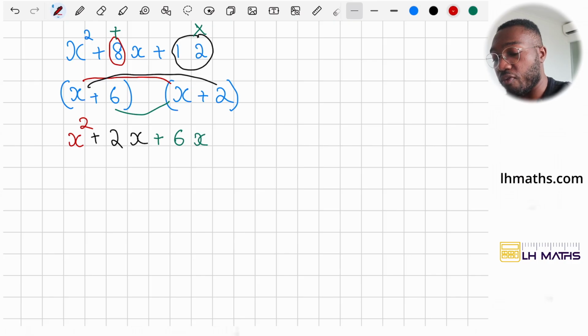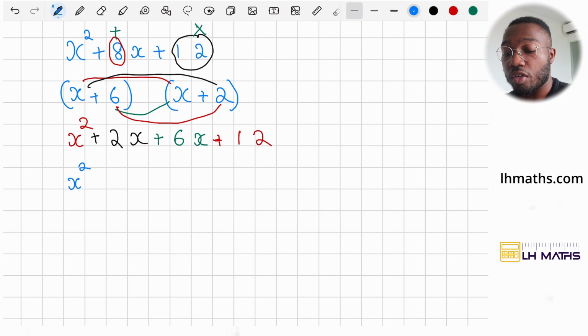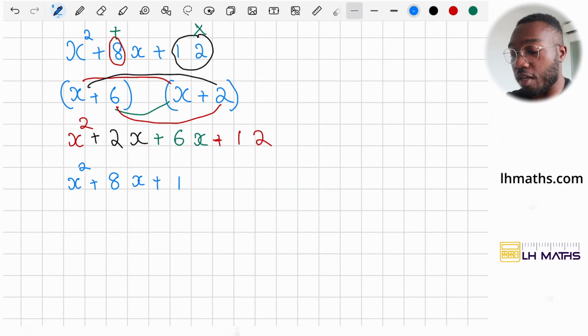And then 6 times 2 gives a positive 12. If you add that all up and simplify, you'd have x squared, can't do anything with that, and we would also have 8x, which is 2x plus the 6x, and then just plus 12.